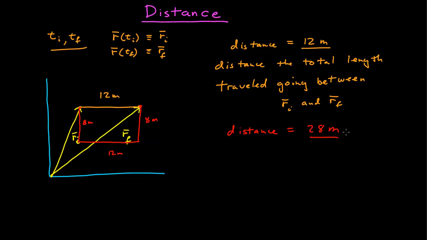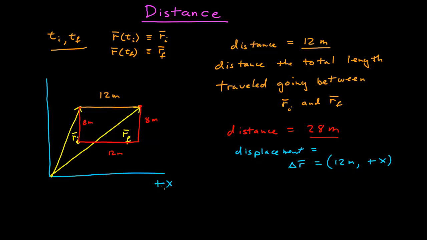Okay, and so if we compare this to displacement, in both cases, the displacement was the same. The displacement, which is a vector, has a magnitude 12 meters, and it points in the positive x direction.